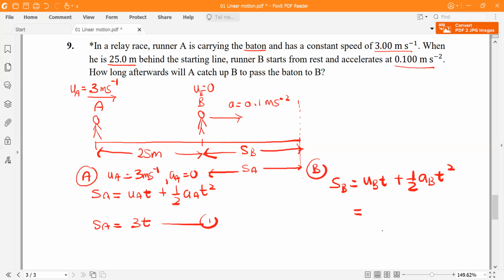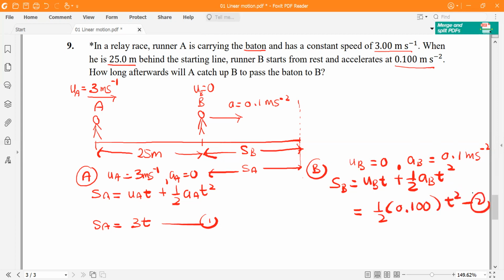So UB, the initial velocity, is 0, but there is an acceleration of 0.100 meters per second squared. Since the initial velocity is 0, that whole term will be 0, so I will just have half times 0.100 t squared, equation 2.